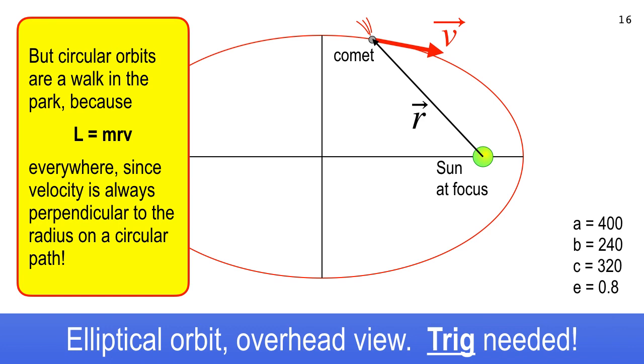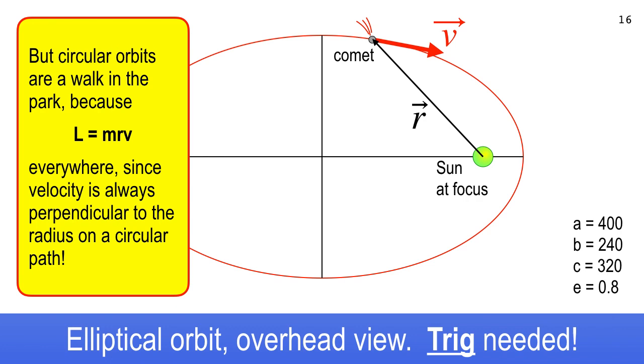And also, here's another thing you can think about. This is kind of a side note; we're not going to really worry about it too much. But just a side note, on the ellipse, like this one, there are 2 points where the position vector r and the velocity vector v are perpendicular.